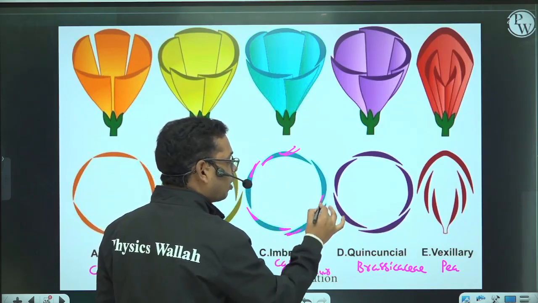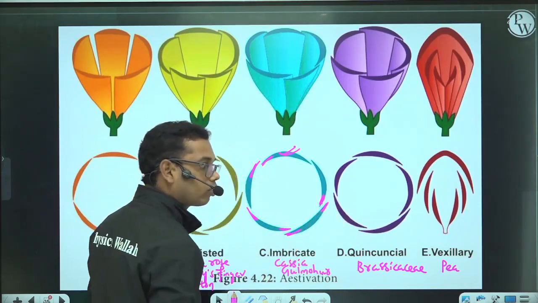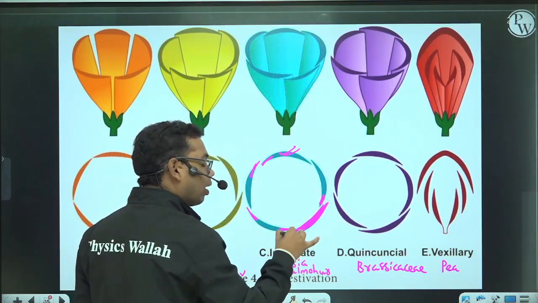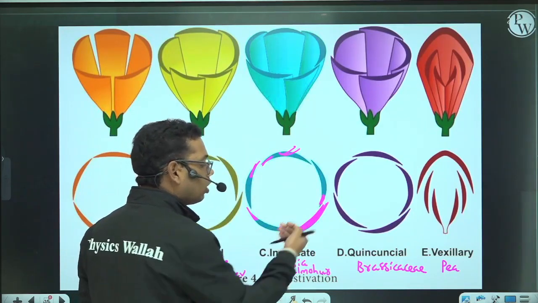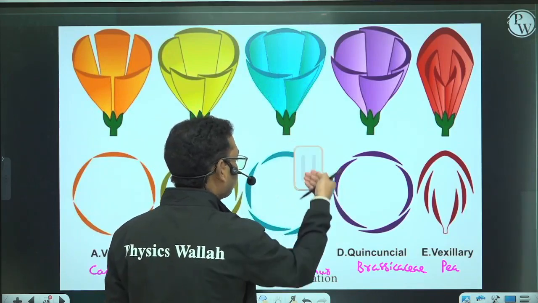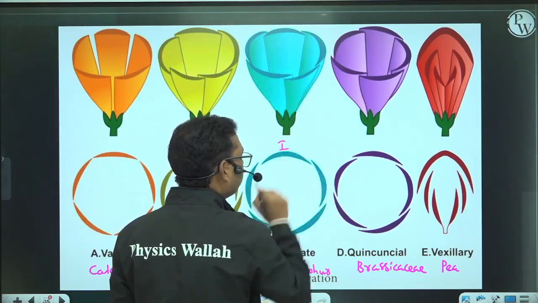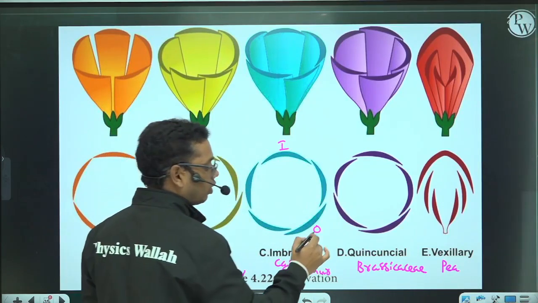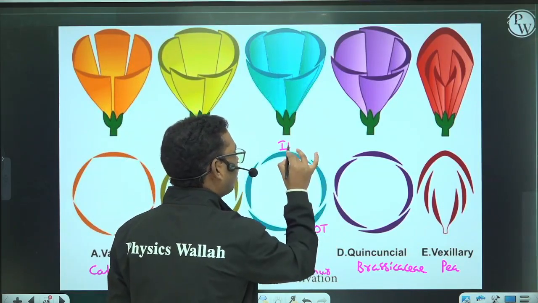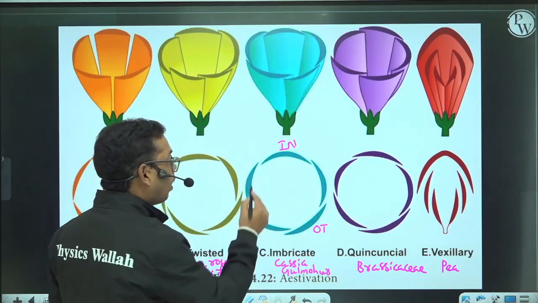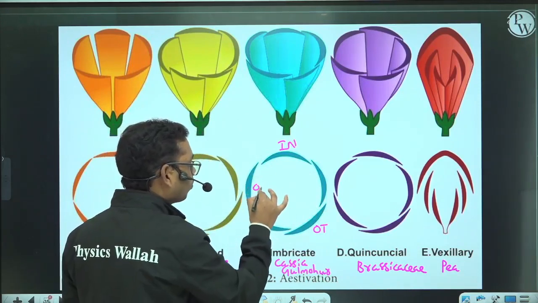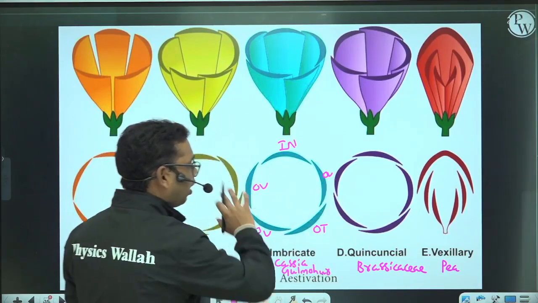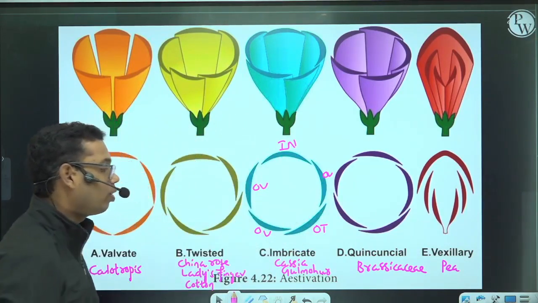But this structure is not overlapped by any other structure. So I can call this structure completely inner, and this completely outer. And this one is overlapping, and this one is overlapping. Such arrangement is called imbricate estivation.